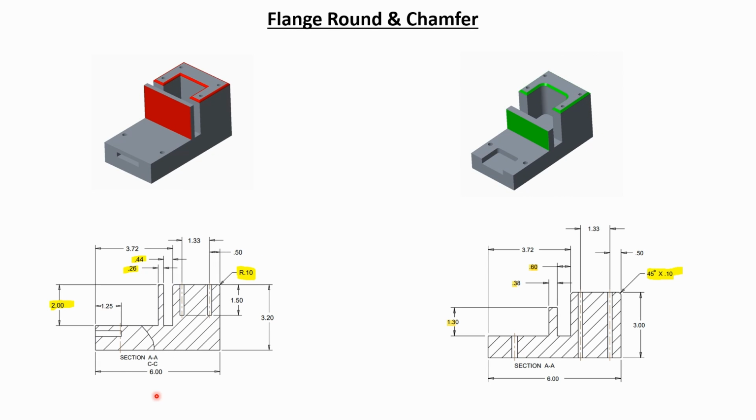Flange, round, and chamfer. Avoid long and thin features. This type of features are likely to vibrate. The feature also requires a tool long enough to have the 2-inch reach.